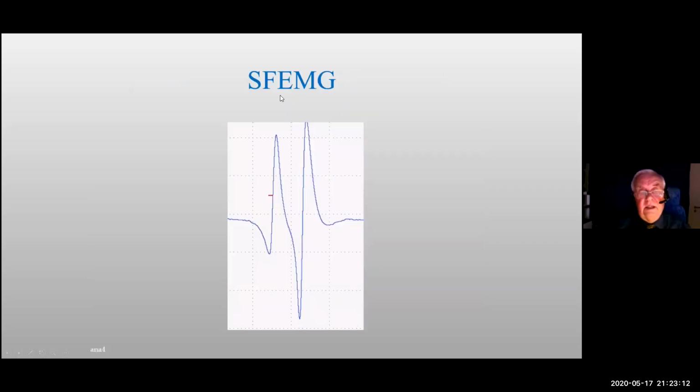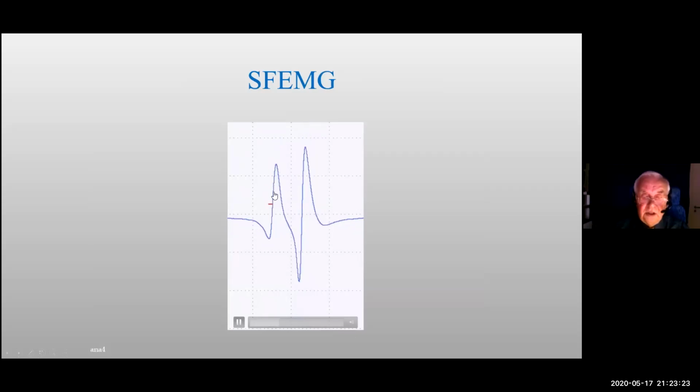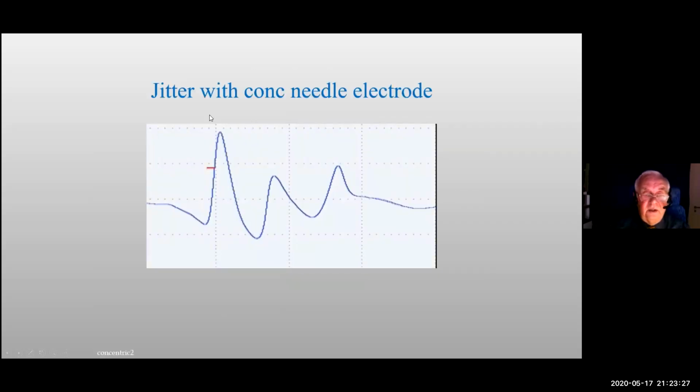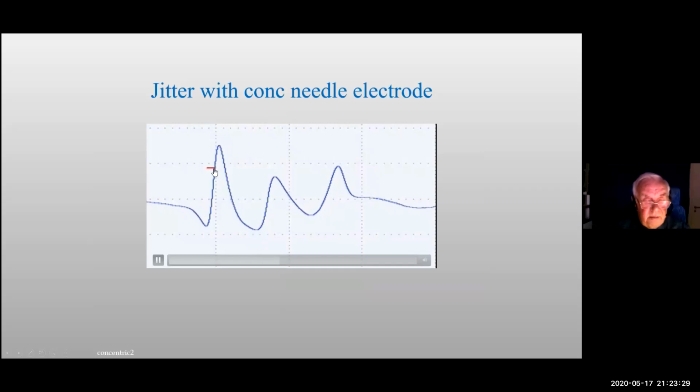Here is an ordinary single fiber, real single fiber electrode. And you see the variability in the shape here. And nothing changes, no notches or anything. And here is the jitter with concentric electrodes. Stable here, stable shape, stable shape. They are a little slower in this recording, but it looked nice.